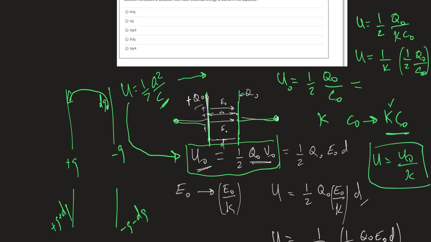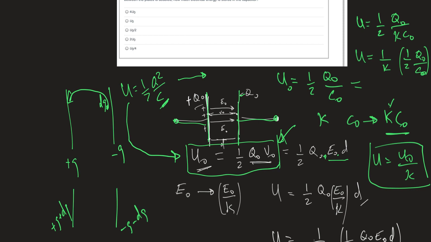Well, this is one way of seeing it using this equation, but of course you can use the other equation also. If you use that equation, you have to understand that the difference in potential is E0 times d. Now what happens when you insert a dielectric?